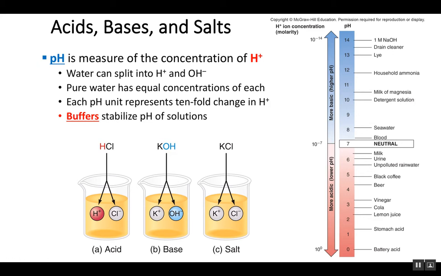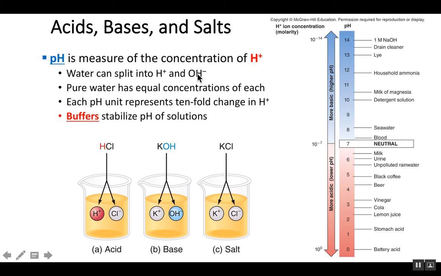Then if you are basic, you have hydroxyl ions. Hydroxyl ions are OH minus. Okay? So if you were to look at the hydrogen ion and hydroxyl ion and put them together, you would make water. So water has an equal number of hydrogen ions and hydroxyl ions.